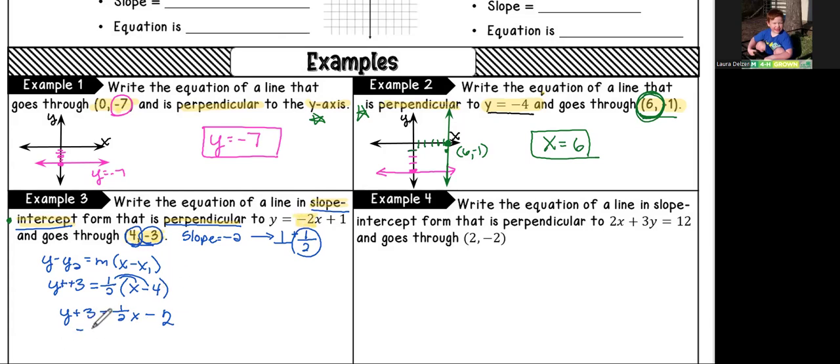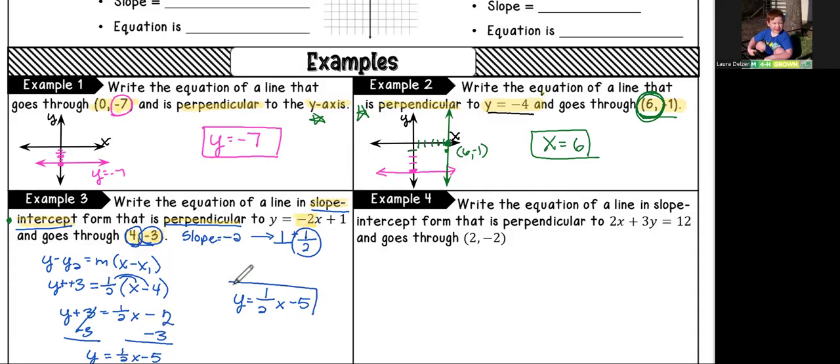Okay, then I'm going to subtract 3 from both sides. And I get y equals 1/2 x minus 5. So my equation in slope-intercept form, I can write it up here a little bit bigger and less smashed together.